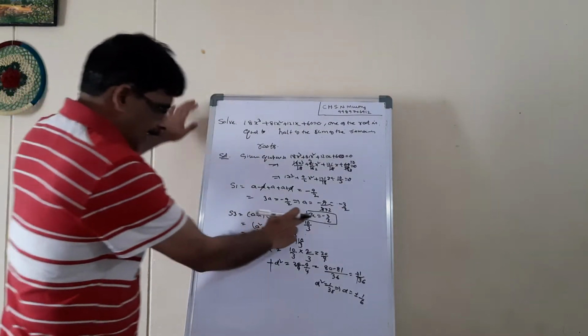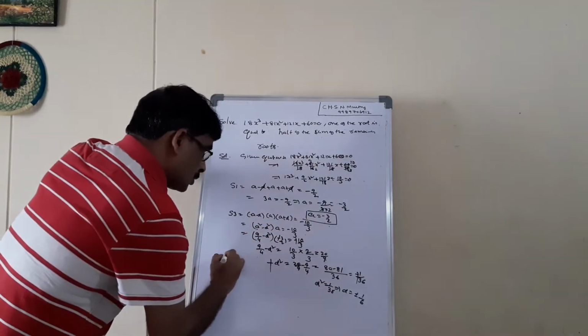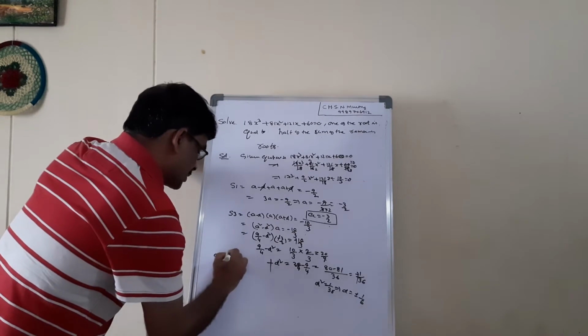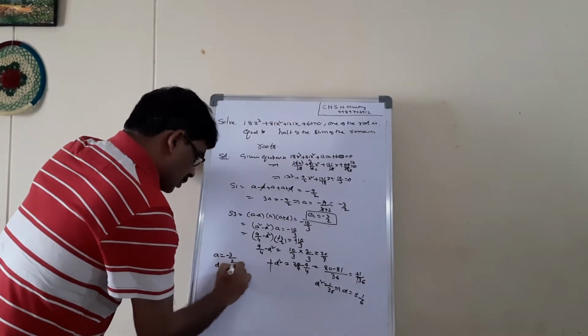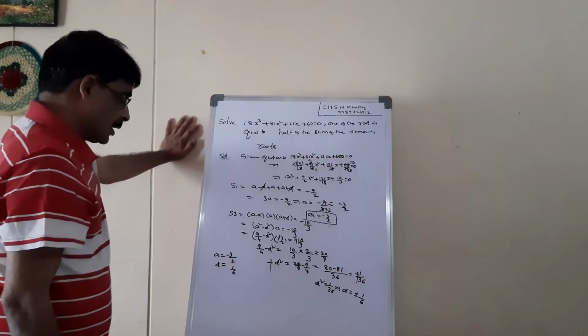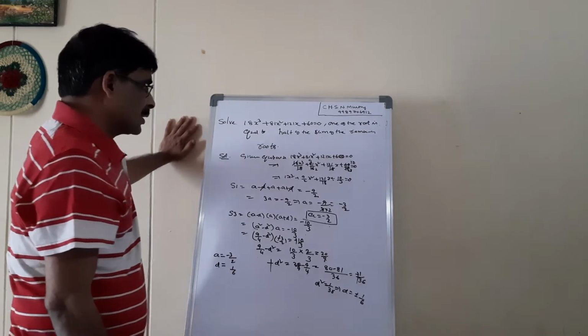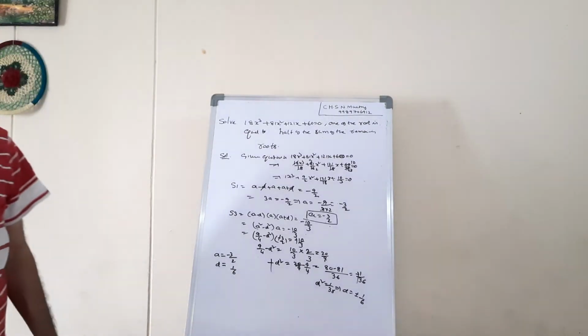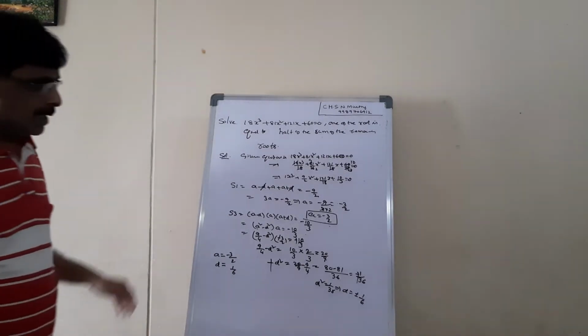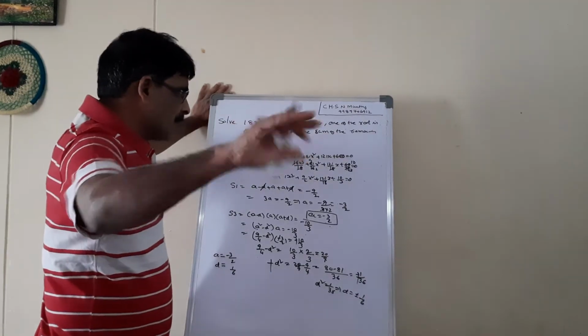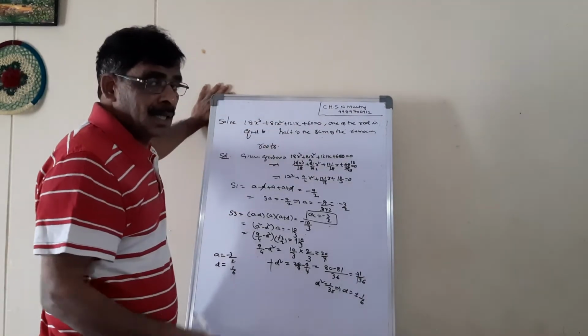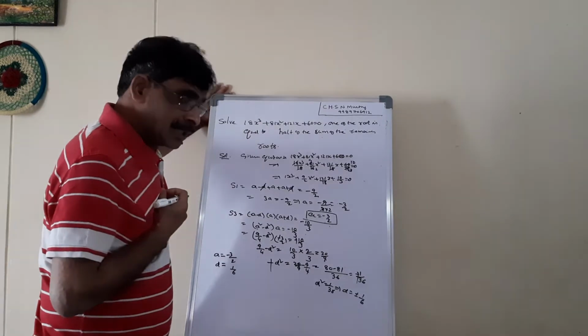Now we have A equal to 3 by 2, minus 3 by 2. D equal to plus 1 by 6 you take. Now what are the roots here? The roots are A by R, A and AR in the case of geometric progression. But this is in arithmetic progression. What are the roots?